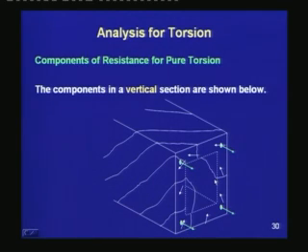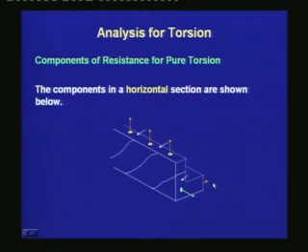Here the stresses are shown for a vertical section, and if we consider a horizontal section, then we can observe that the transverse bars are also under tension. The concrete struts, the longitudinal bars and the transverse bars together form the space truss which resists the torsion after the cracking of concrete.